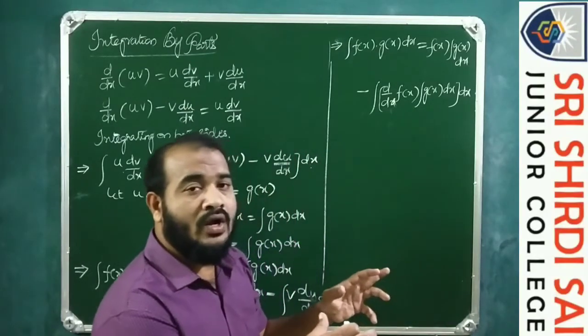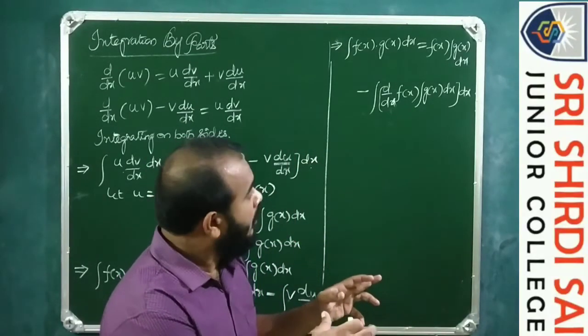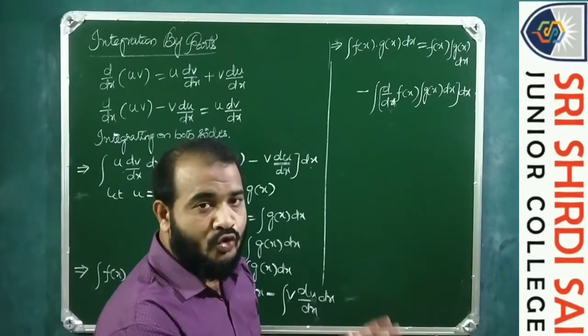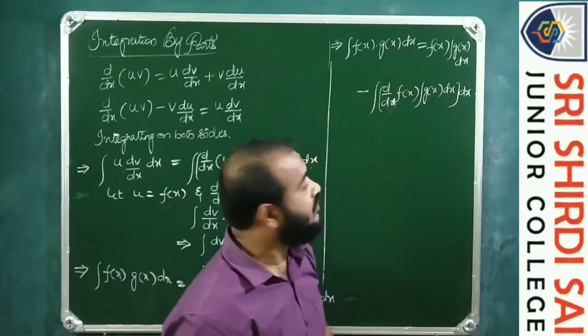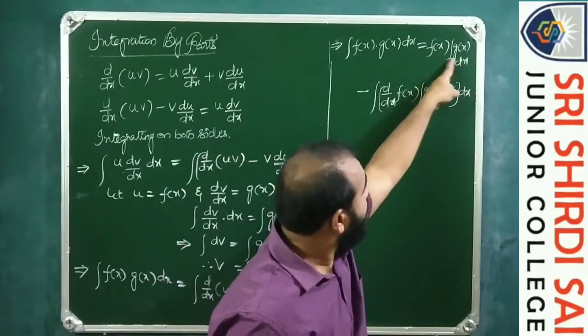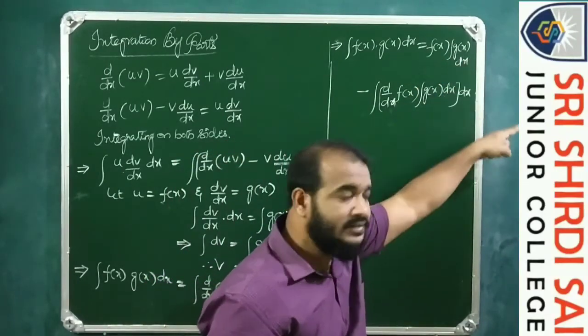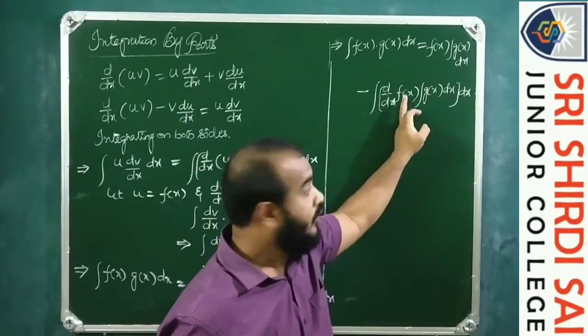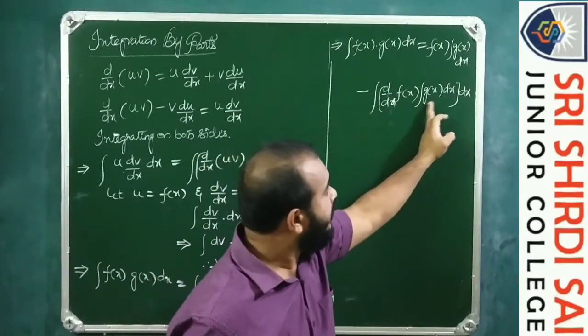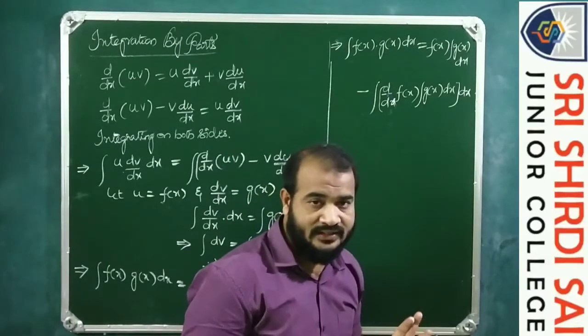So the integral of a product of two functions is equal to the first function into the integral of the second function dx, minus the integral of the differential quotient, or derivative, of the first function into the integral of the second function dx, whole dx.